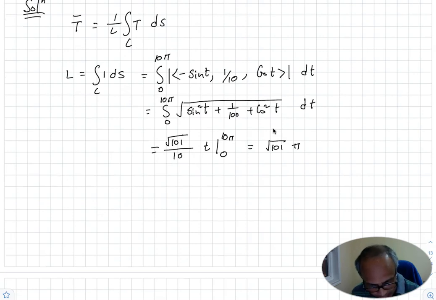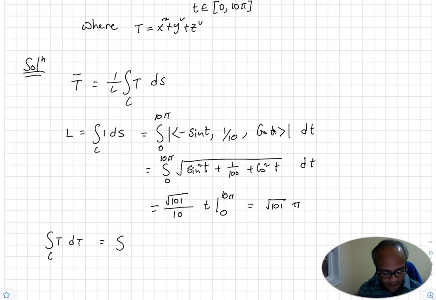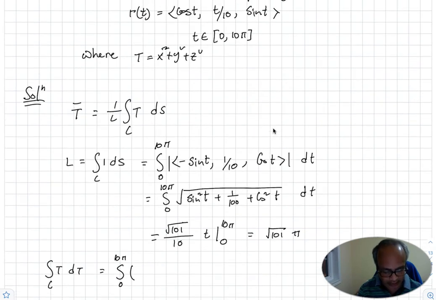Okay, so now we can calculate the total temperature, which is the integral T ds. So we know the limit going from 0 to 10 pi. T is x square plus y square plus z square. X is coming from the parameterization.